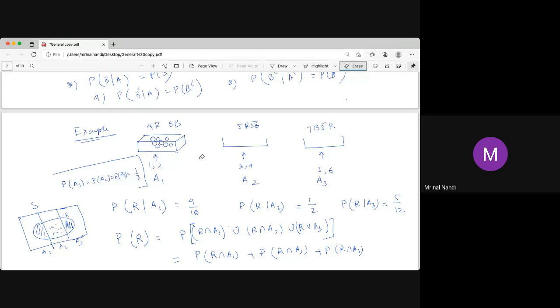If I ask the probability that it is coming from the second box, given that it is red, you can say it is 0, because in the second box there is no red ball. If I don't say anything, you will say it is just one third, because you don't know anything.